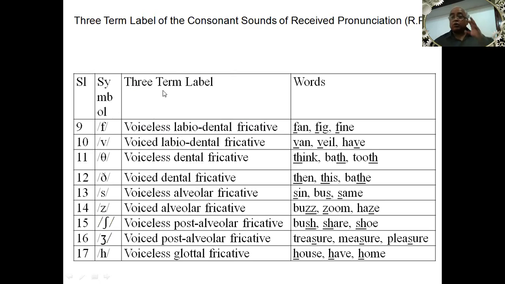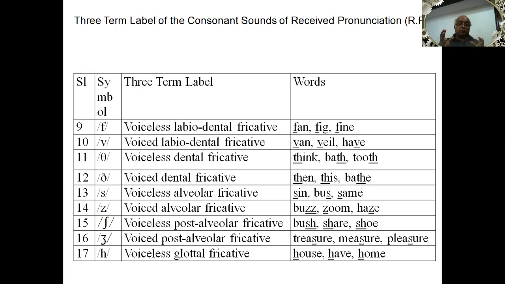Voiceless because the vocal cords are held loosely apart, and when the air passes through, there is no vibration in the vocal cords. That's the state of the glottis. The place of articulation is labiodental, and the manner of articulation is fricative.